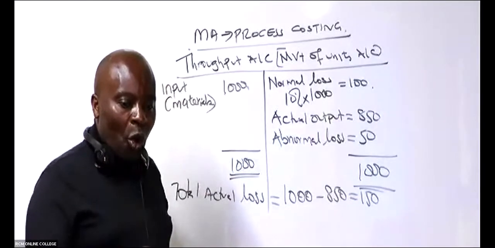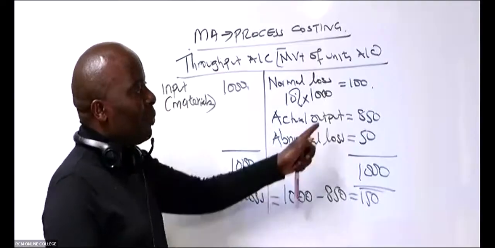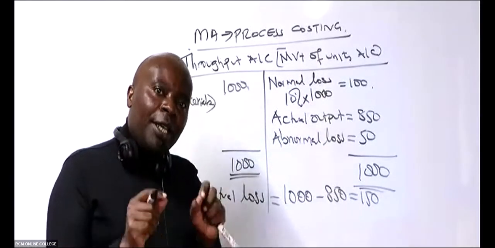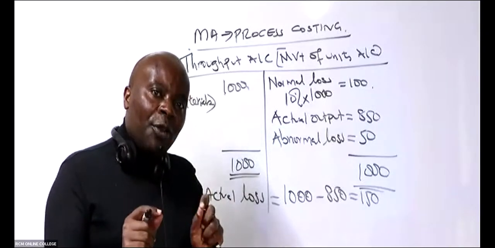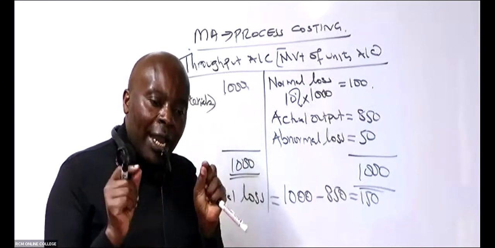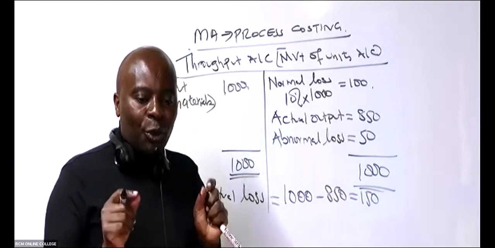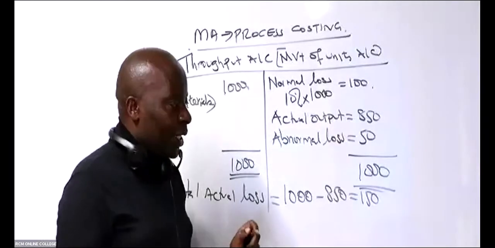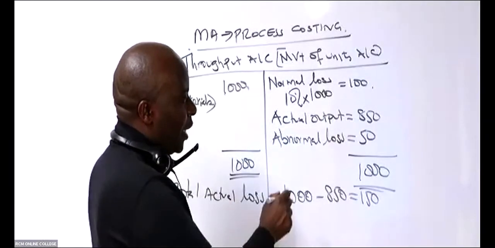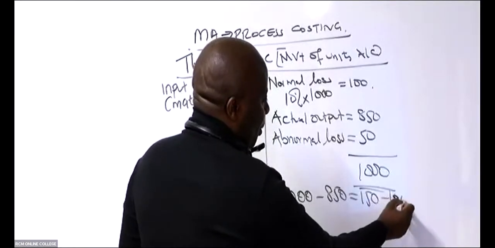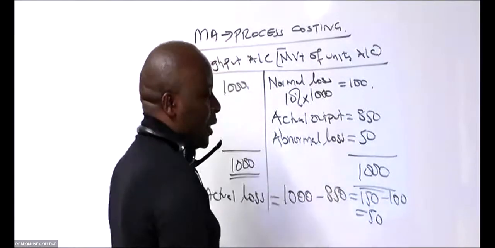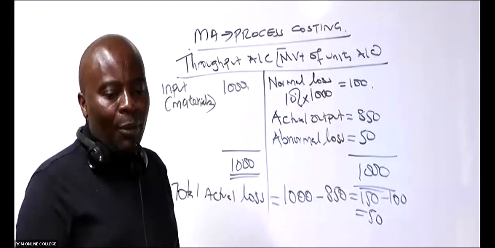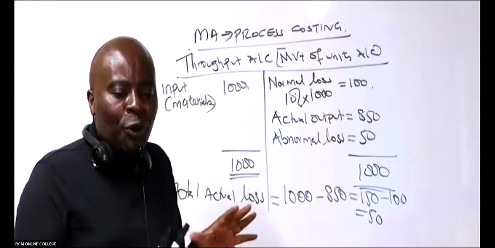And this total loss of 150 is more than the normal loss. Whenever the actual loss is more than the normal loss, you get what we call an abnormal loss. The actual loss is 150 and the normal loss is 100. So if you subtract 100, we get an abnormal loss of 50.